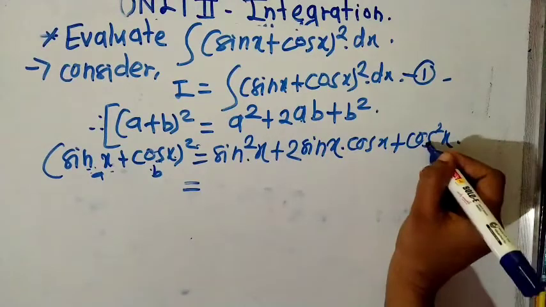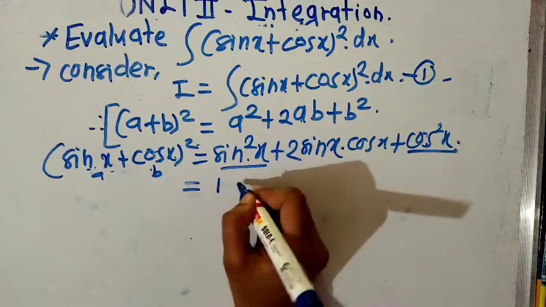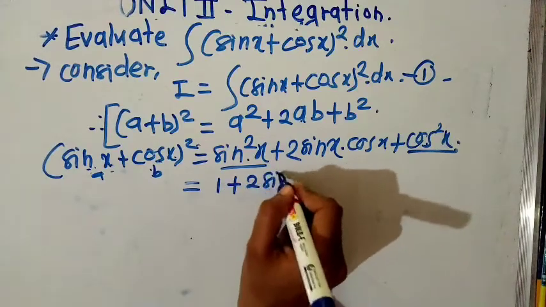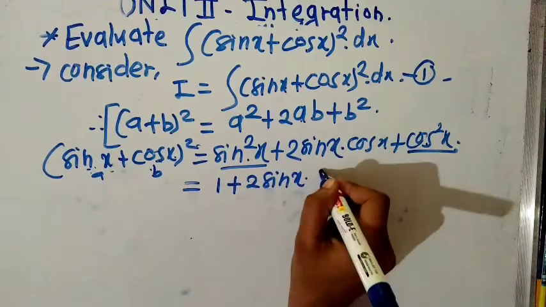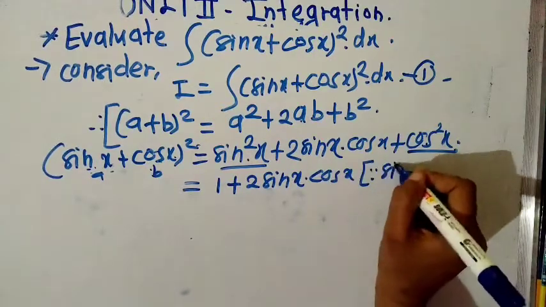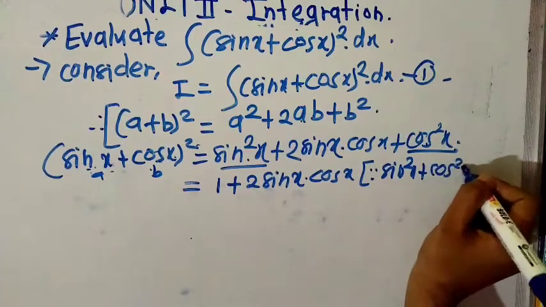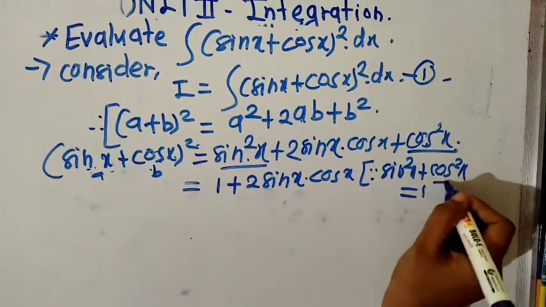But sin square x plus cos square x is equal to 1, so we get 1 plus 2 sin x into cos x.